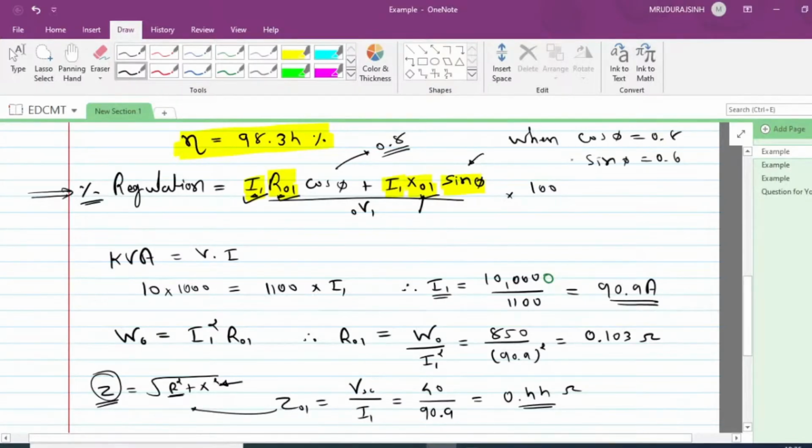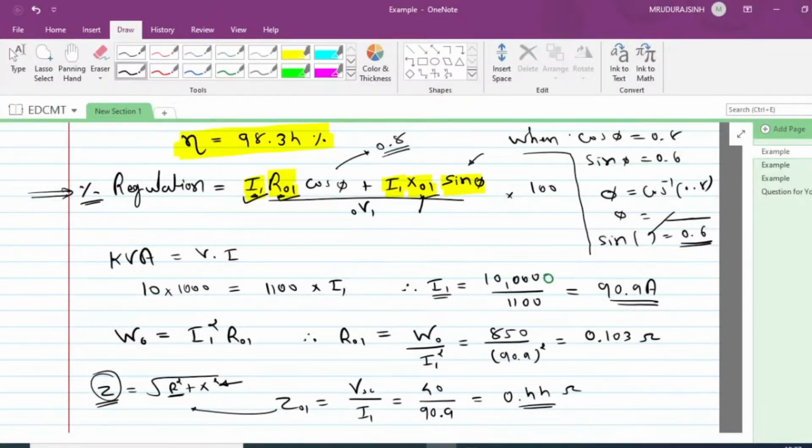Phi is equal to cos inverse of 0.8, and using this you will get the phi angle, right? So sine of this angle will give you the value 0.6. So this is how you can calculate this. Good, Saurabh. Good work.